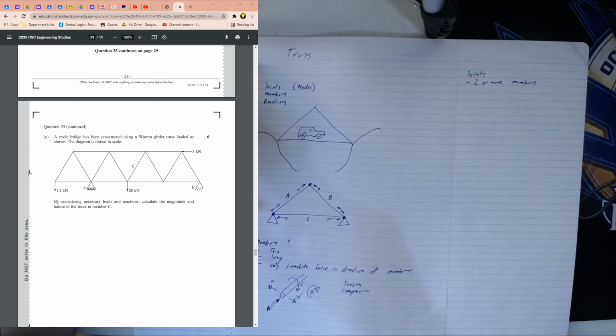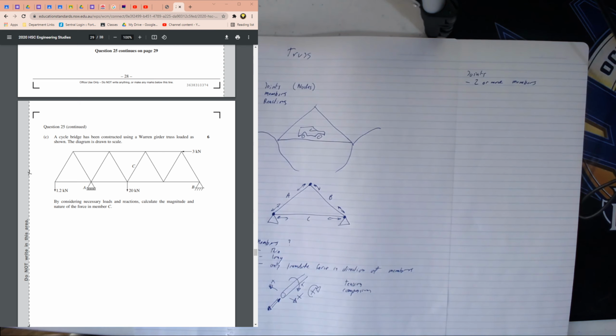If you think of a member as like a road, a joint is like the intersection between multiple roads. And if you want to think of a force traveling through a bridge or through a structure, it's like cars traveling through a road. If they want to get onto another road, they have to go through an intersection.